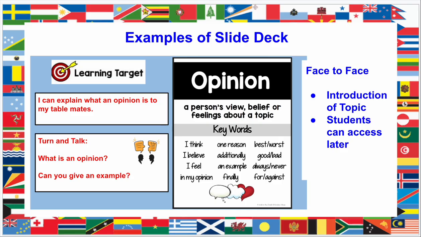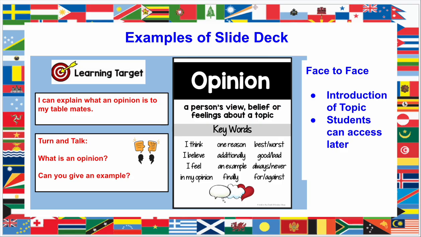All right, so this next example is something that I would probably only do in a face-to-face situation where I'm introducing a new topic. In this particular case, we just started working on opinion persuasive writing.